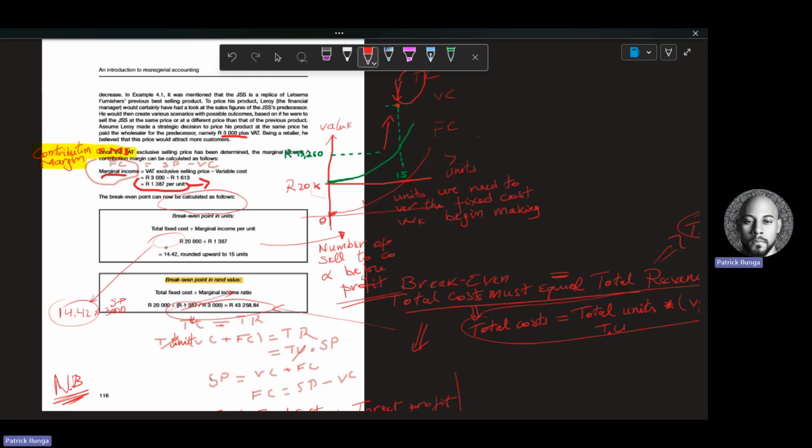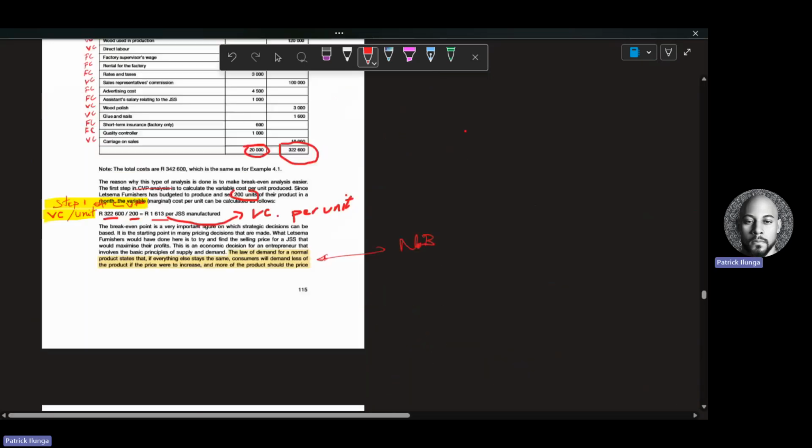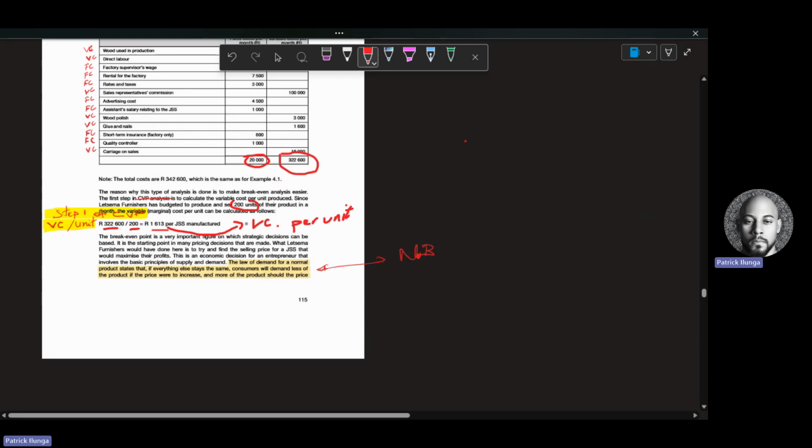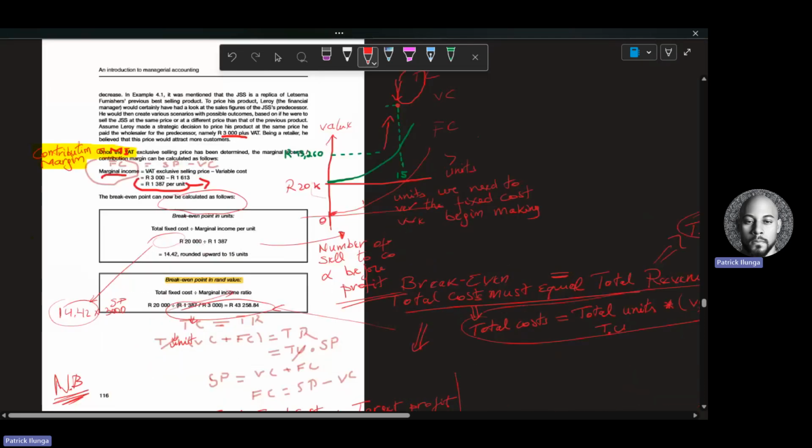Because if we want to find out the break-even points in unit, we're going to take the total fixed cost, which is, total fixed cost is 20,000. 20,000 divided by what? By the marginal income. So that will give us, when we reach this number of units, we would have broken even.